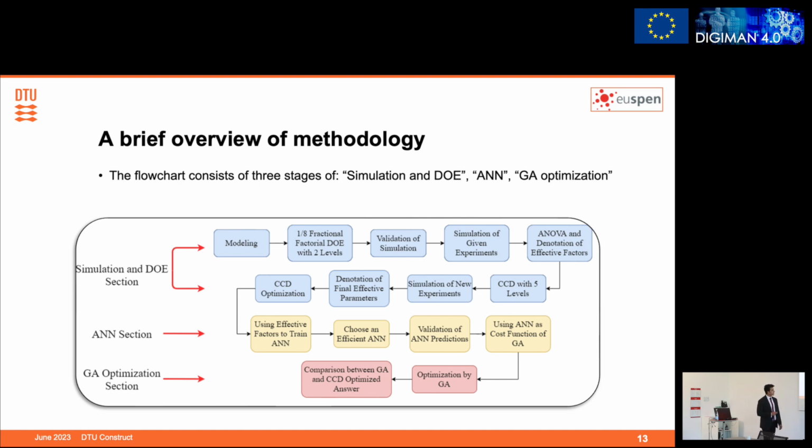Then in the next step, after doing statistical analysis here, we used artificial neural networks to create a predictive model to predict the amount of blush defect based on the inputs. So we used different kinds of artificial neural networks to see which one works better. And then in the final steps, we adopted genetic algorithm to optimize the levels of those influential factors.